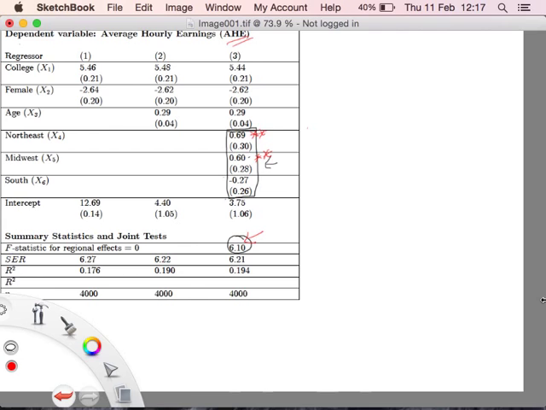Alright, so let's do it together then. Let's go back to basics, guys. I think if I show you the basic, you'll say, oh yes. So Yi = beta 0 + beta 1 x1i + ... + beta k xki + ui.